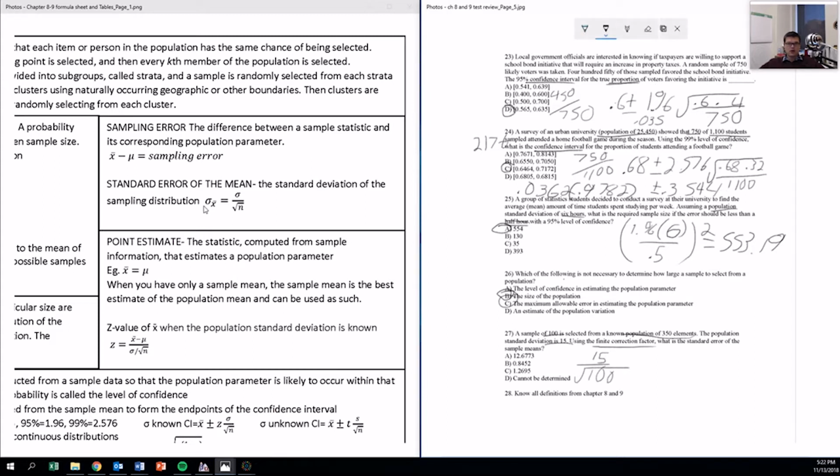Use the finite correction factor. Which one of these is the standard error of the sample mean using the finite correction factor? Okay, so we need to do n. What is big N? 350 minus 100 over 350 minus 1 and the square root of that. Okay, let's look at the calculator.